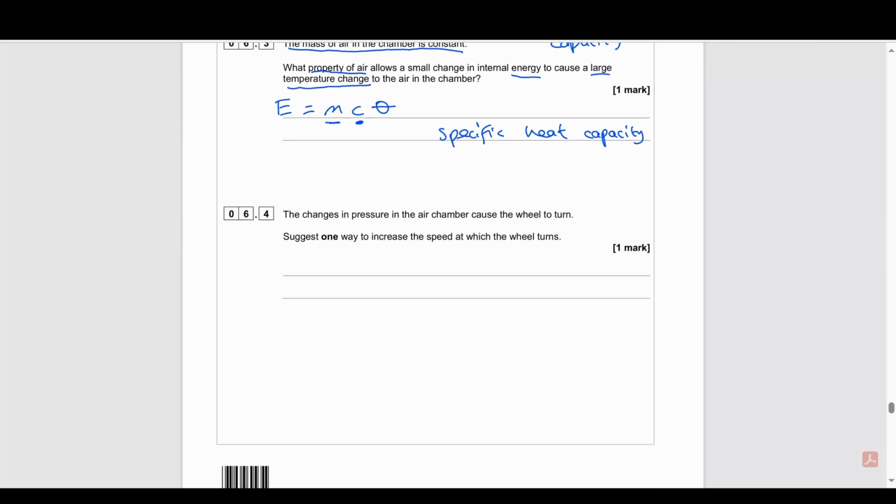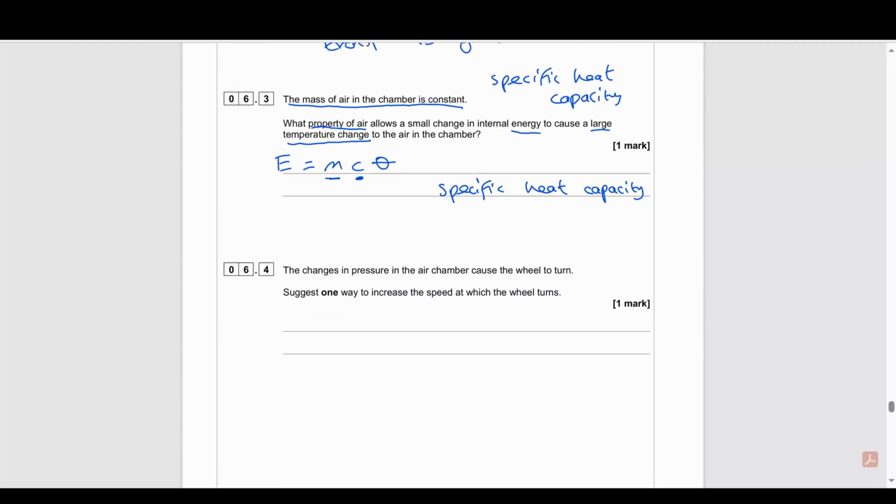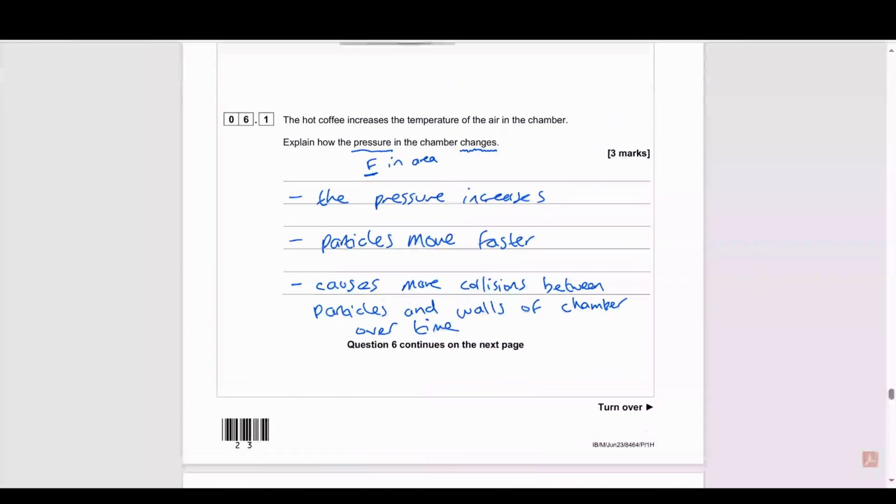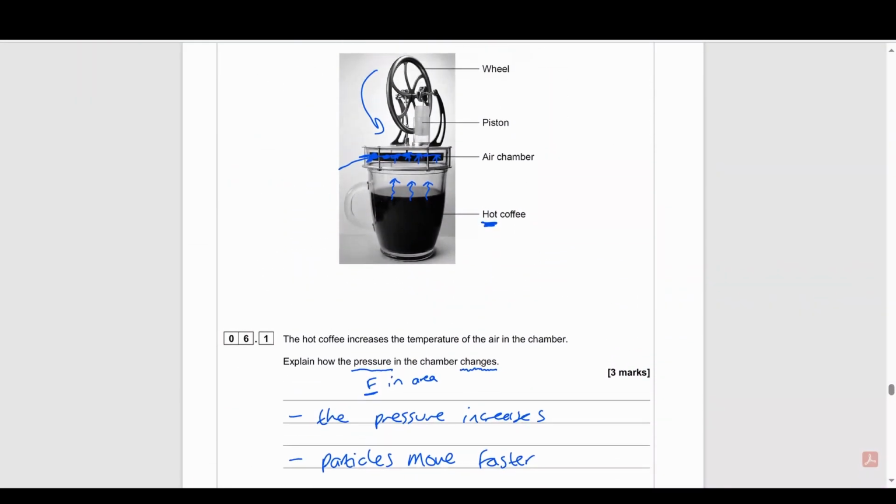6.4. The changes in pressure in the air chamber cause the wheel to turn. Suggest one way to increase the speed at which the wheel turns. So we've just been discussing earlier that the temperature increase due to this hot coffee will cause the pressure to change.